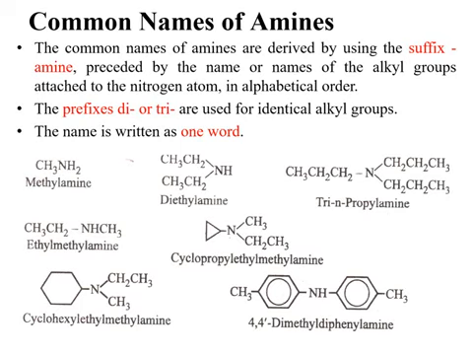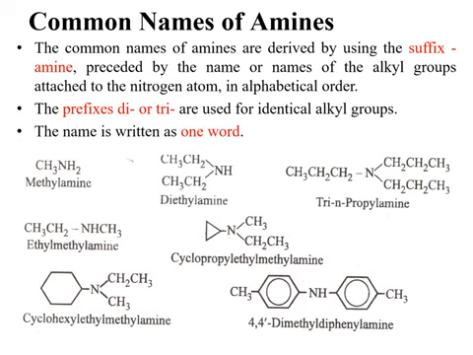One of them is normal propyl, the second one is isopropyl, and the third possibility of the propyl group is cyclopropyl. So alphabetically, first of all comes C, that's why the name will start with cyclopropyl. Then we know there is an E, that's why cyclopropylethylmethylamine. This name will have no space, hyphen or comma because this is a single molecule and it will carry only a one word name.